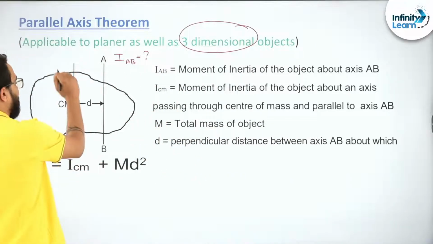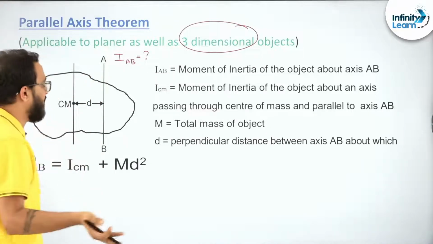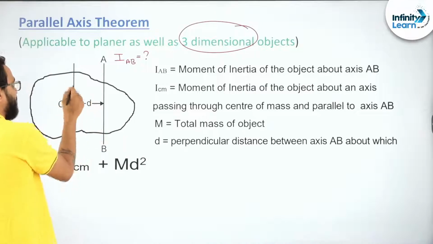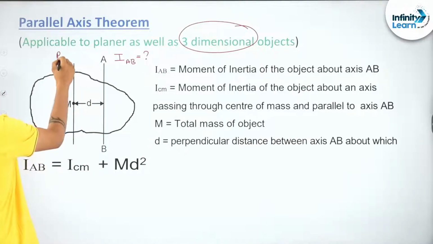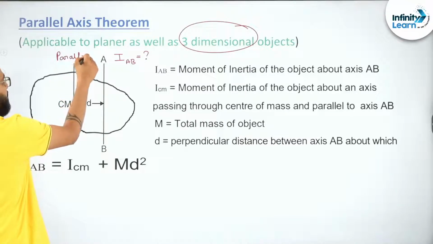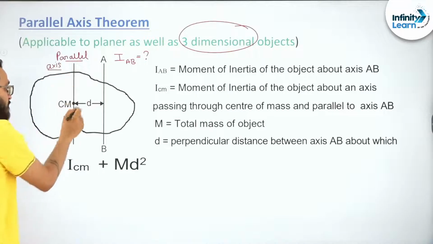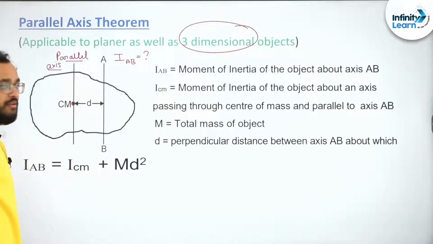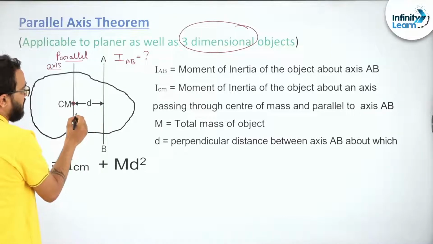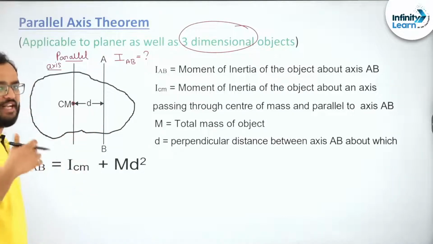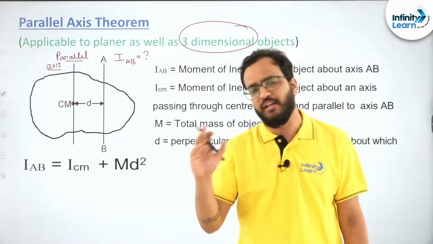We will draw a parallel axis to axis AB such that our parallel axis passes through the center of mass of this rigid body, right? Then we will measure the perpendicular distance between these two axes, which comes out to be d. Sometimes we write it as d, or x or a, it doesn't matter.